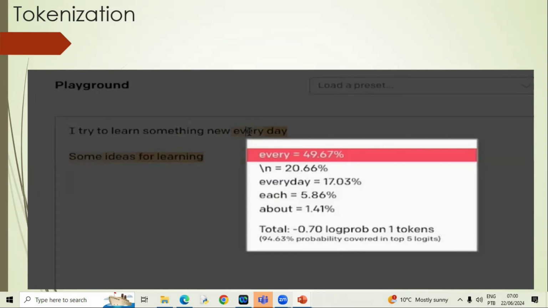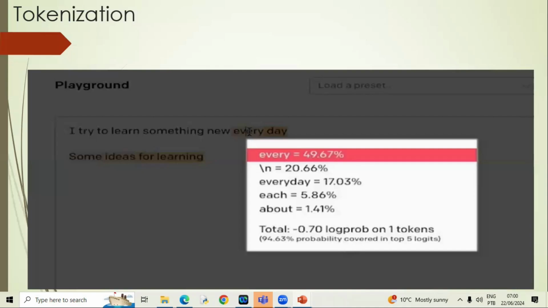I try to learn something new every day. Now in GPT-3, there is an area called playground. Okay. If you go, you will see. So now if you go to the playground and you put the sentence, I try to learn something new every day, and put your cursor there.